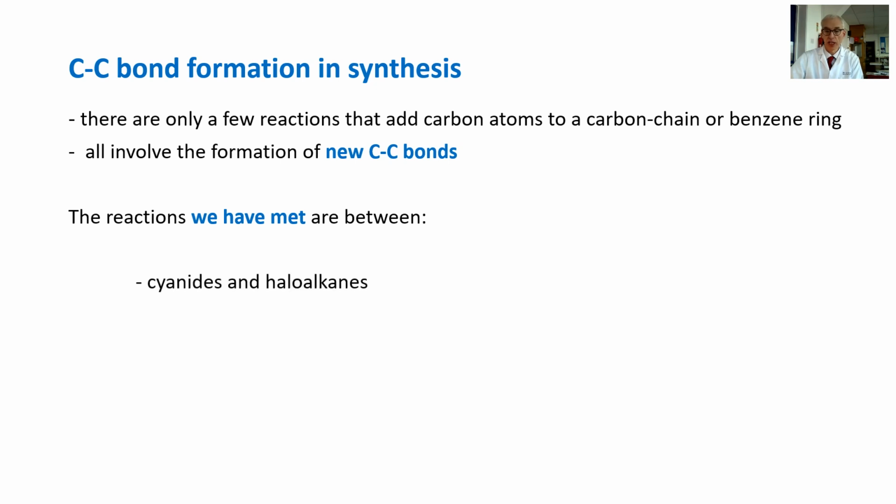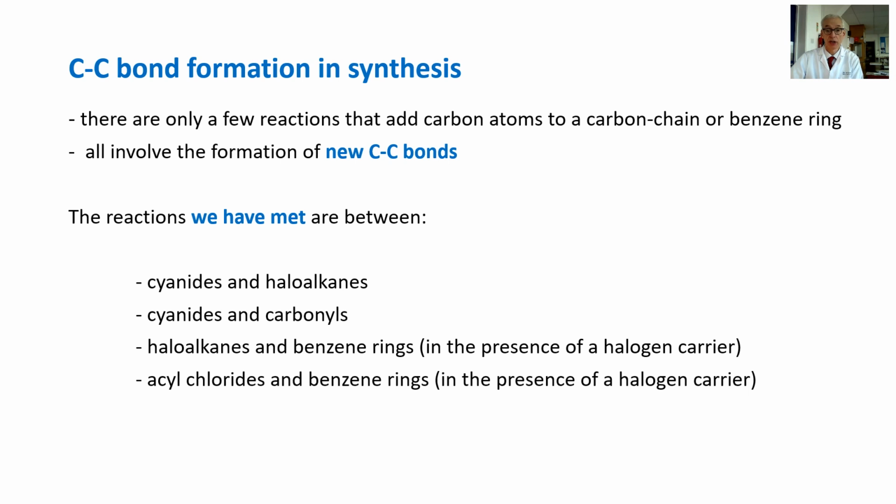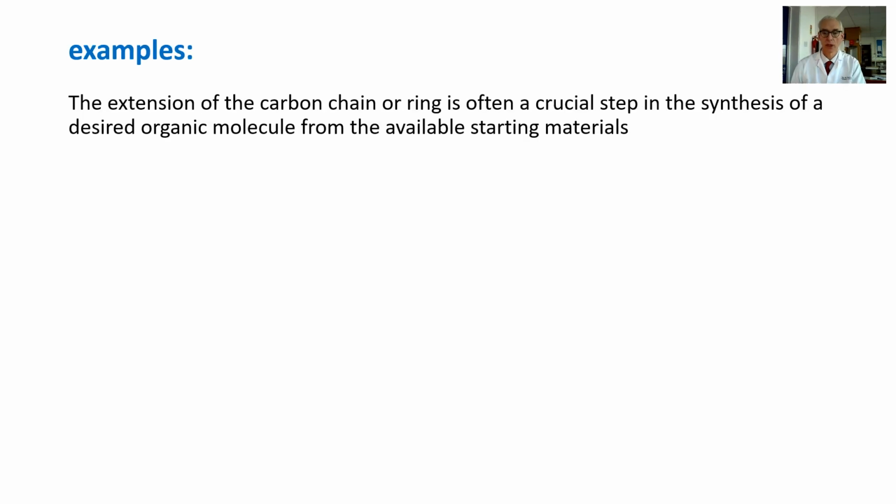The reaction of the cyanide ion with haloalkanes, the reaction of the cyanide ion or hydrogen cyanide with carbonyls, the reactions of haloalkanes in the presence of a halogen carrier with the benzene ring, and the reaction of acyl chlorides in the presence of a halogen carrier with the benzene ring. So we will review all of those carbon-carbon bond forming reactions in this lesson.